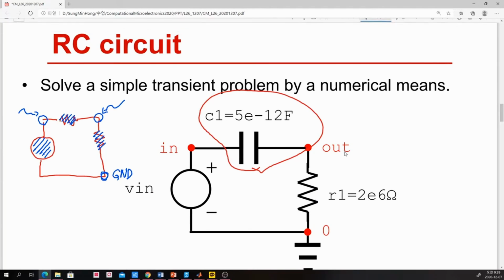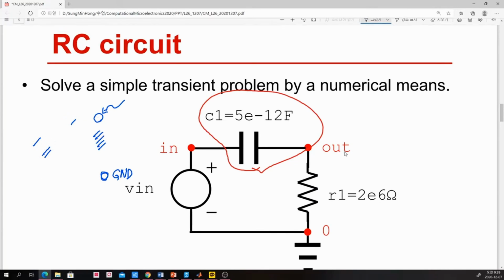But that is really straightforward, and you can easily expand your previous knowledge to this RR circuit, to the resistor circuit. So you can easily agree with my argument. But when you go to this RC circuit, we have something new, something which has not been discussed yet.